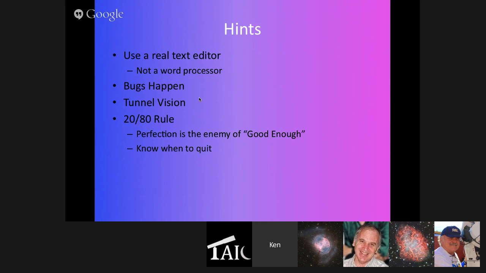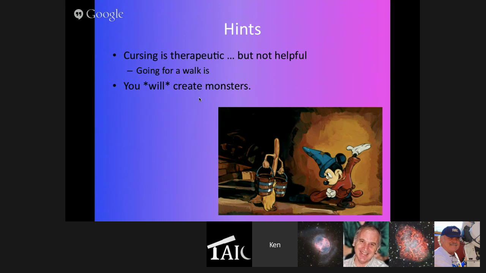You're writing it to be a tool for yourself. So you kind of have to write something that'll work for you and just be happy with that. But in the end, cursing is therapeutic, and you will create monsters. So you might create something that looks great, and then you'll come back later and see what it did, and you will be surprised that it did not do what you wanted.